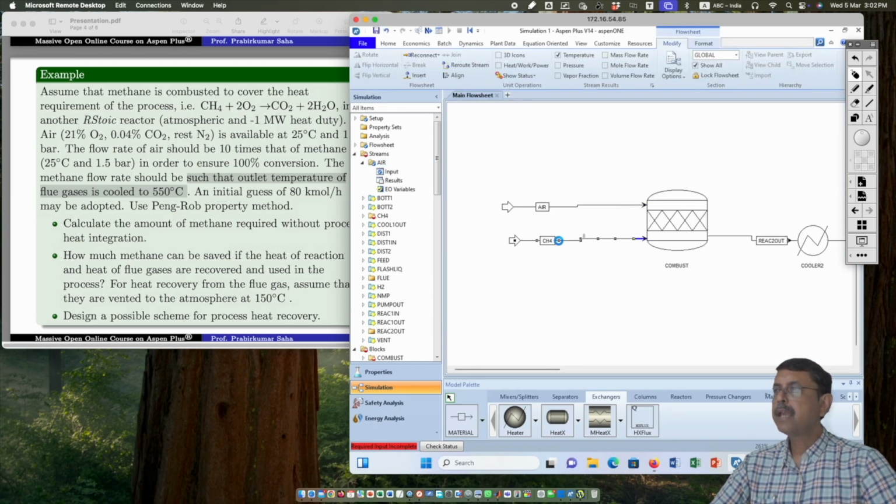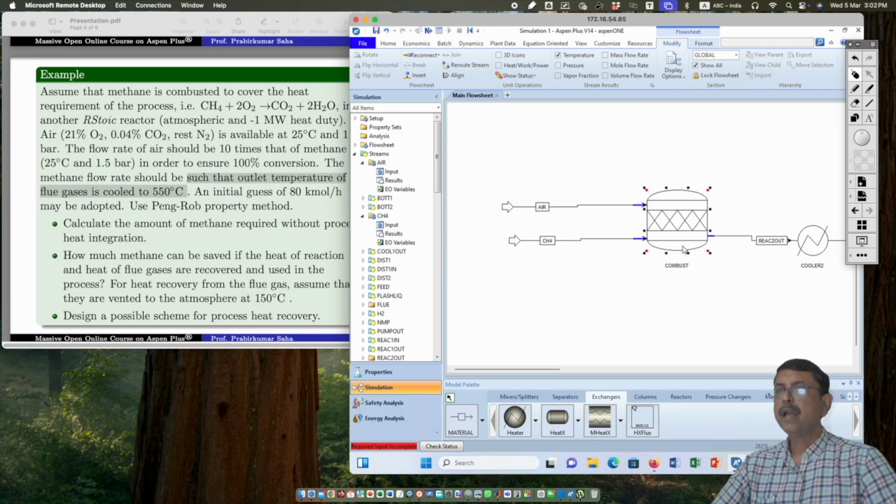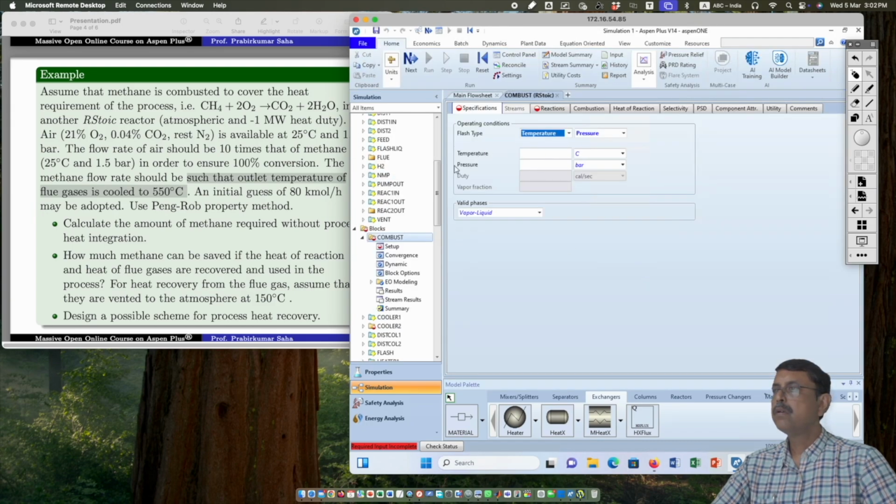Now methane, again, the initial gas is 80 kilomole per hour. So methane is 80 kilomole per hour. Temperature and pressure have been given as 25 and 1.5 bar. So this is methane. And we have to specify the stoichiometric reactor condition, which runs on atmospheric pressure and -1 megawatt of heat duty.